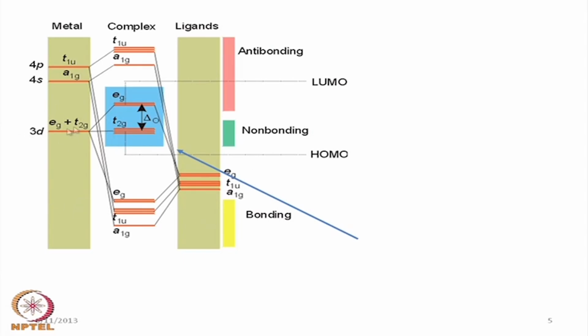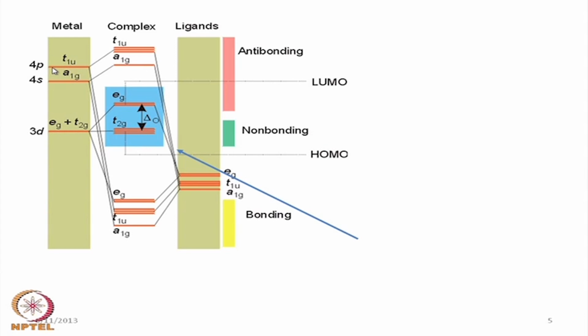So, in essence, these are the 4s and 4p orbitals we are having, where the symmetry levels are A1g and T1u, and we have the corresponding symmetry levels from the ligand side also. This interaction is the typical interaction where the ligand orbitals are of lower energy, because the 4s and 4p are above the corresponding energy of the 3d level.